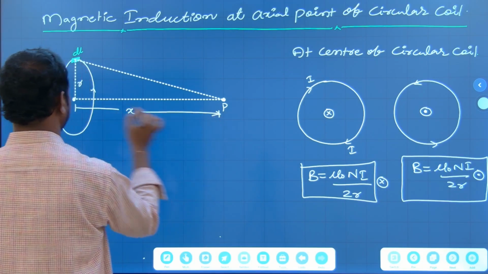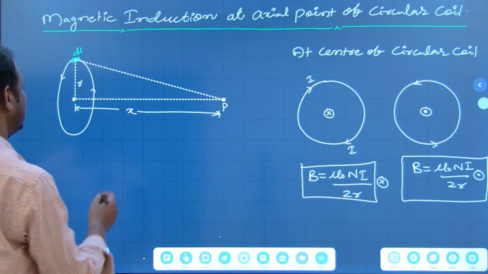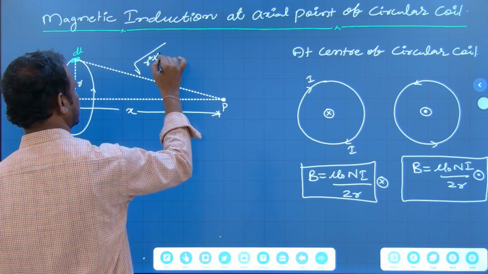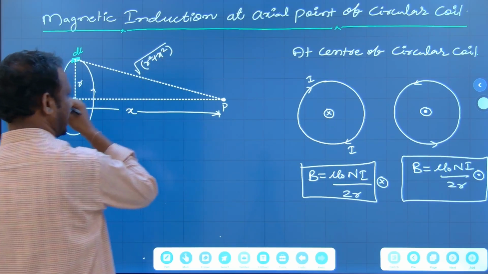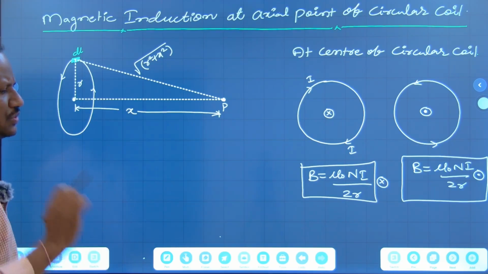You can take x or l or d, anyone. So this distance will be the square root of r square plus x square.